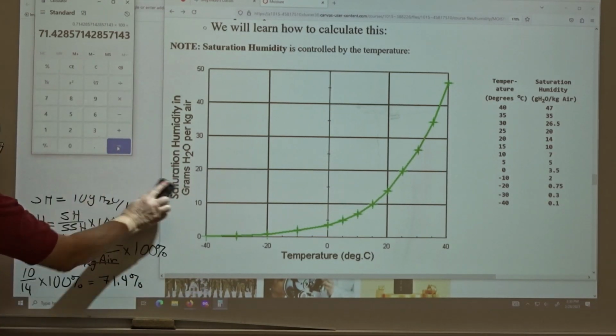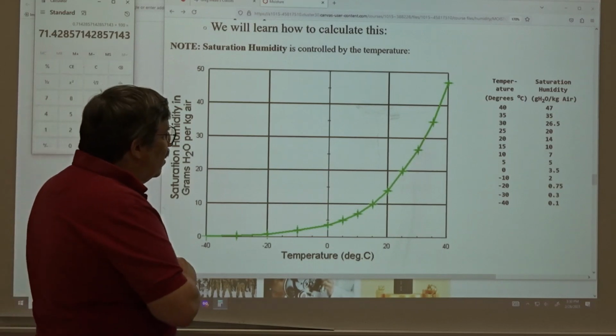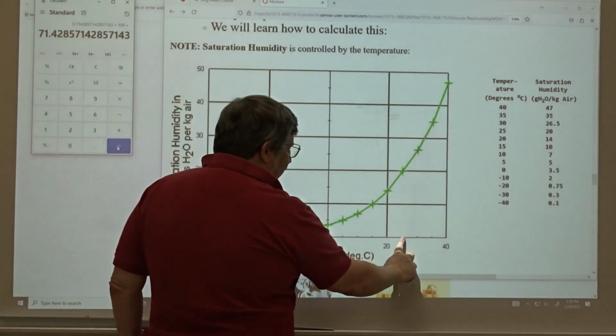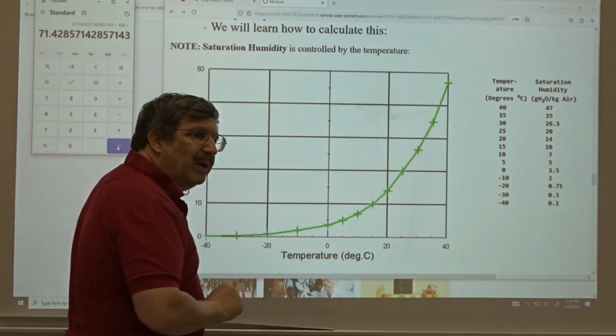So let's take a look at this. Let's do some investigation into what happens. Suppose we start with a temperature, to make it a convenient number, of 25 degrees Celsius.